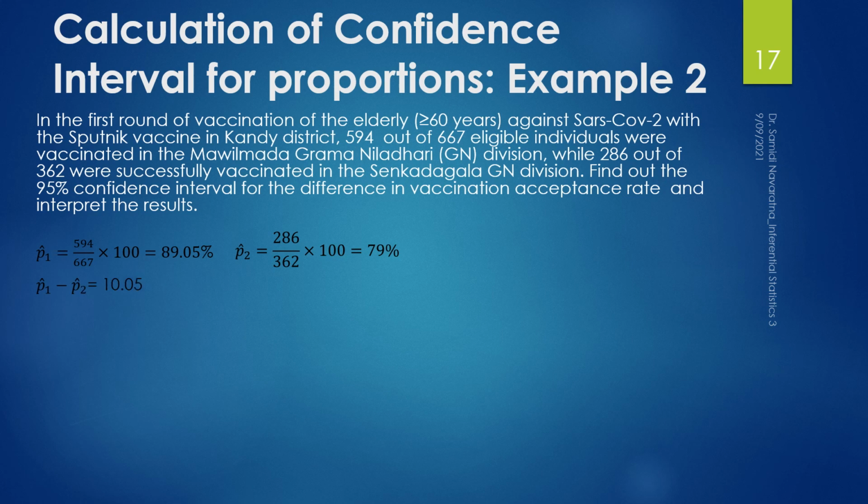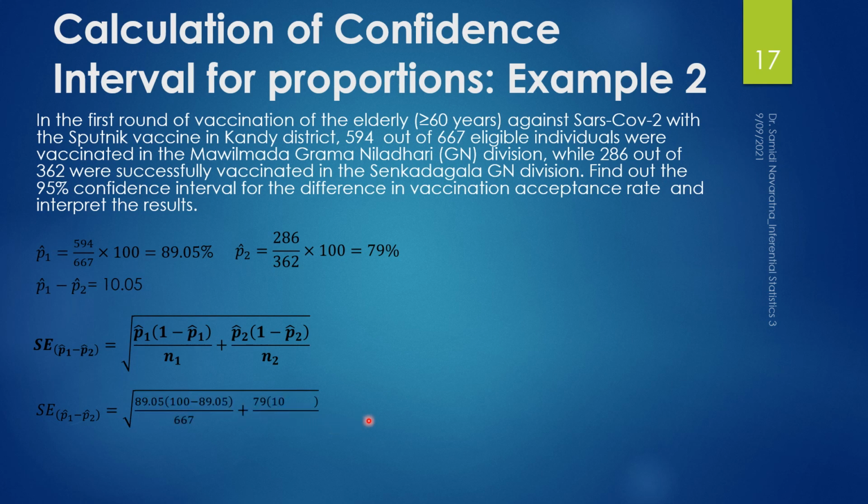So we'll use that to calculate the standard error for the difference between these proportions. So the answer is 2.45.